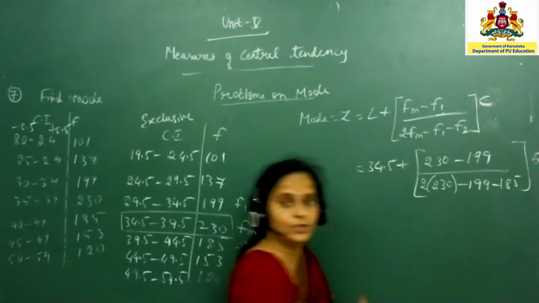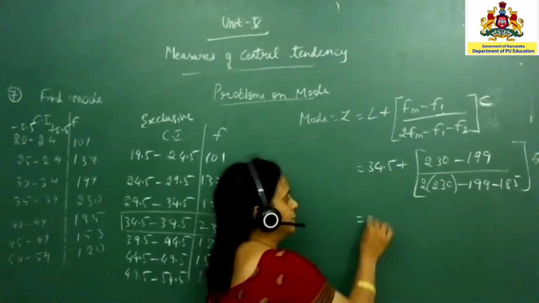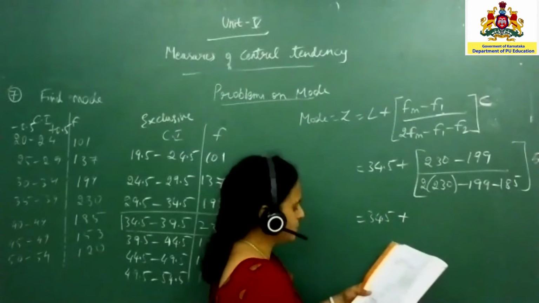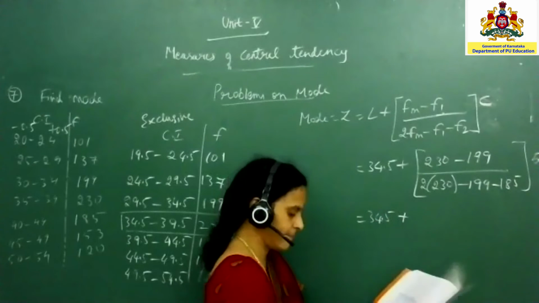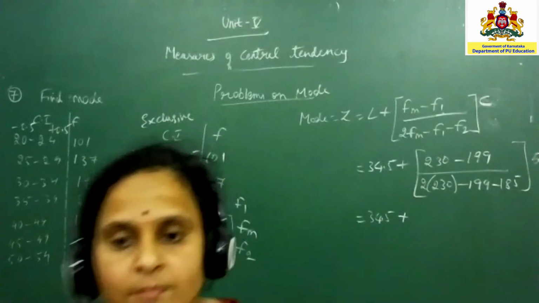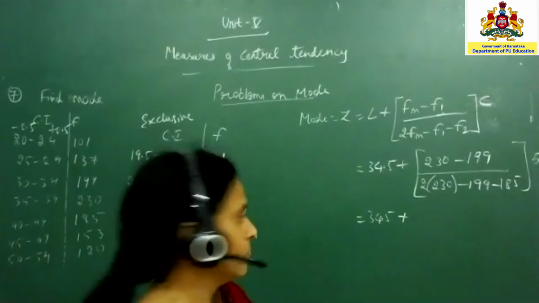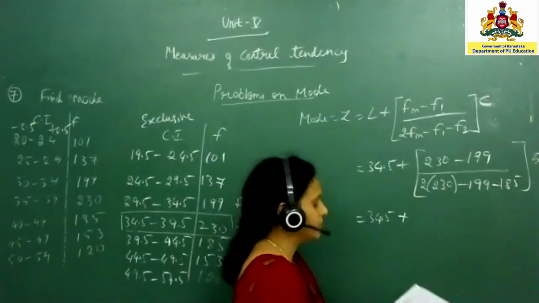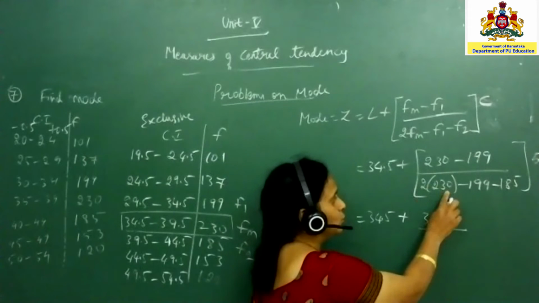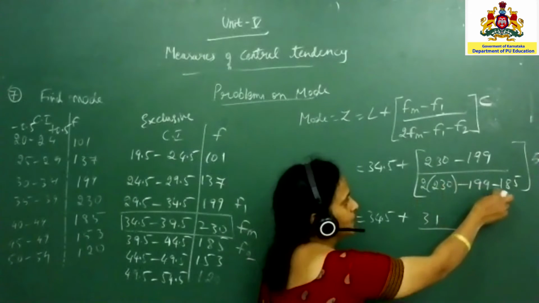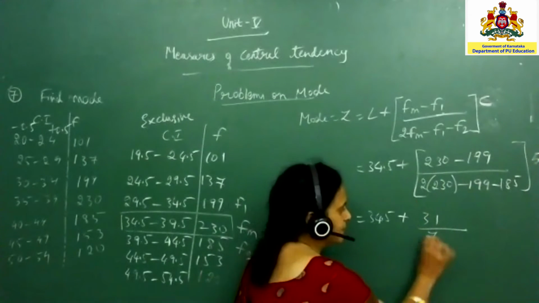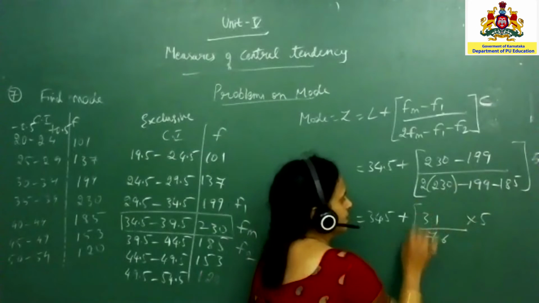Once you finish this step, next is the simplification. So 34.5 plus, I'll keep the values here. Simplifying, 230 minus 199, I take the answer directly, 31. Then 2 into 230, multiply that, minus 199 minus 185, the final answer is 76.